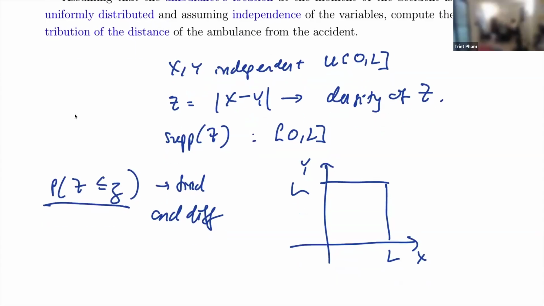So what would this be for z between 0 and L?